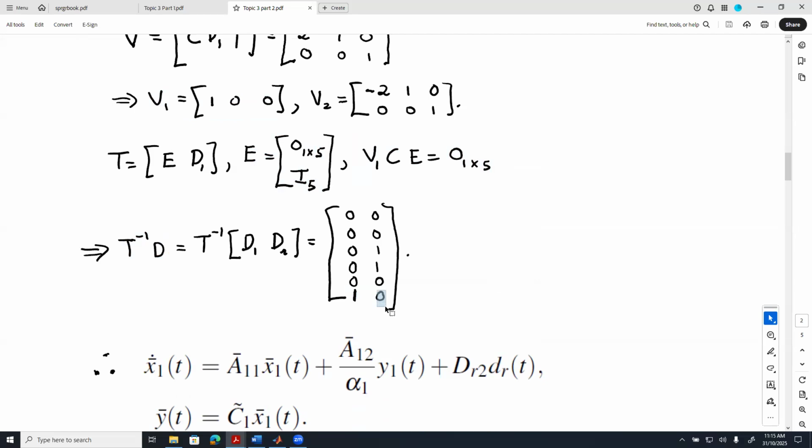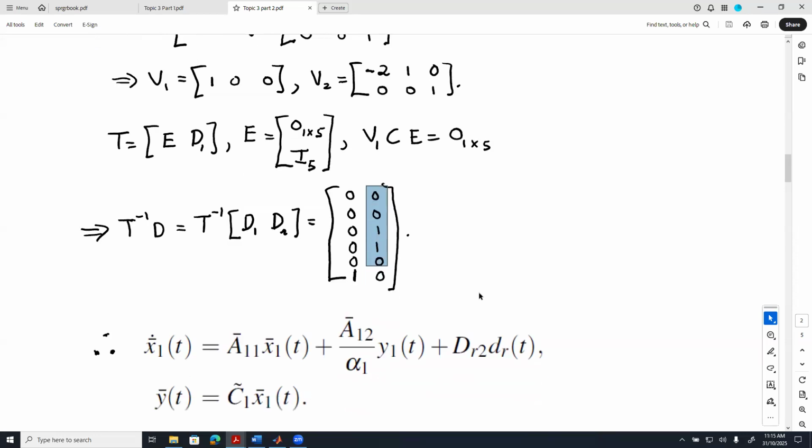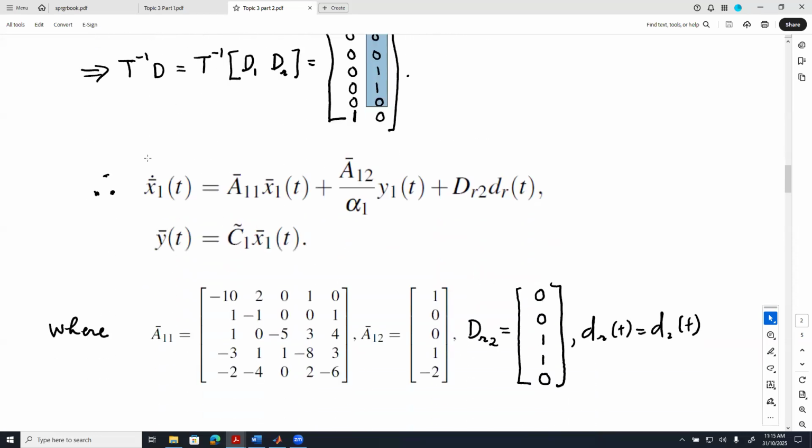That means that the unknown input D1 is decoupled from D2. And then when we look at that bit there, it's actually DR2.